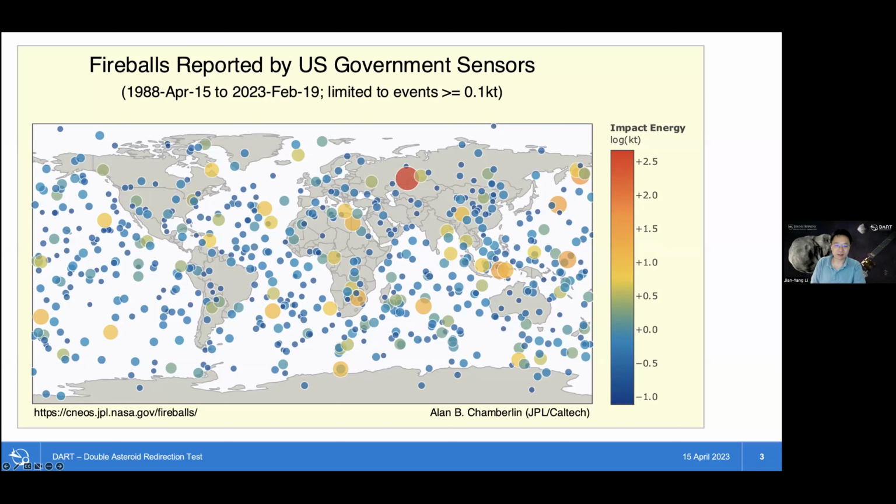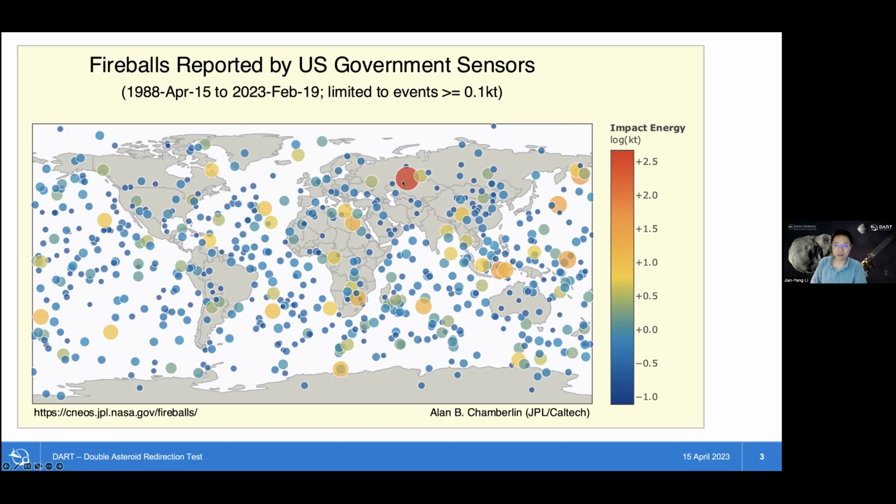You can see that there are so many fireballs happening on the Earth, and there are many space debris, small rocks or large rocks, small asteroids that hit Earth almost every day. But many of them are tiny, so they just make some meteors. But some of them are quite big and can cause some real damage to us.